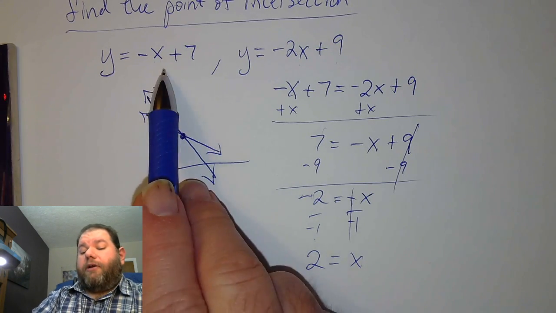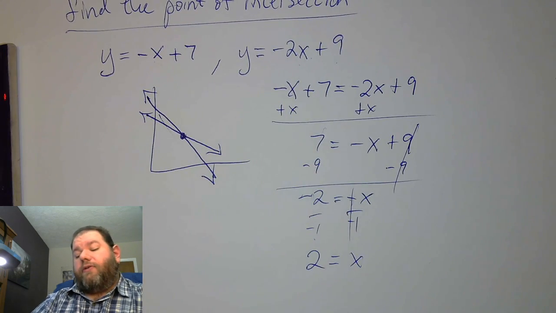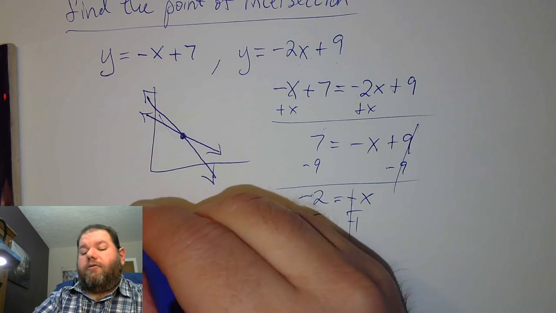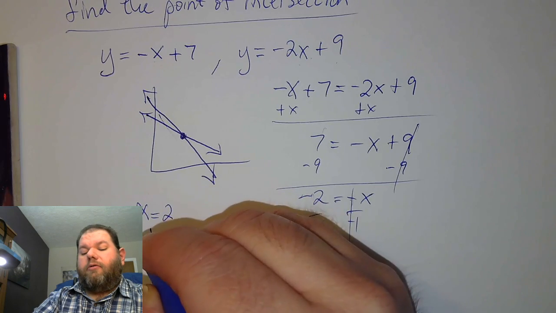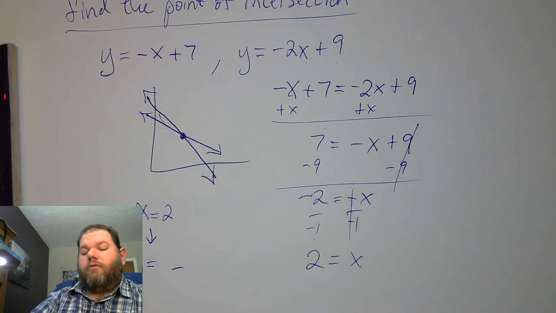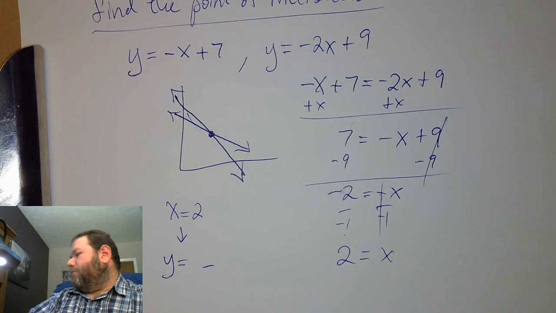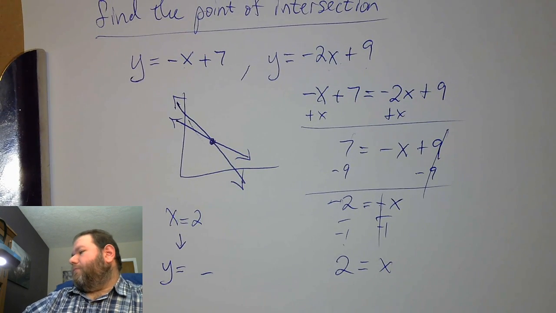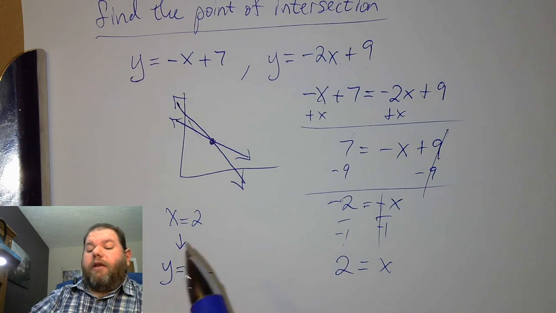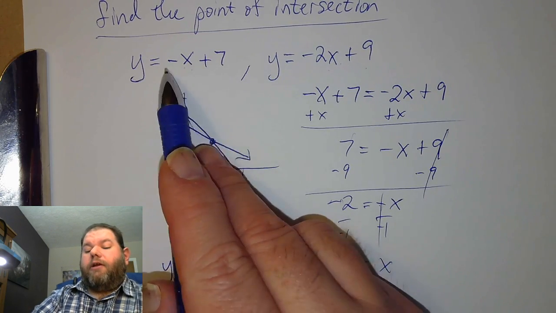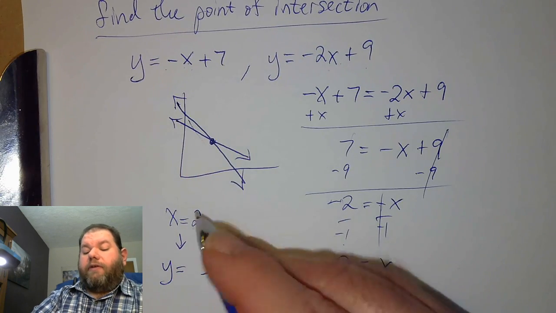Again, we can plug into any of these two equations. Five, good. Yeah, we take a 2, plug it in here, -2 plus 7. That gives us a 5.